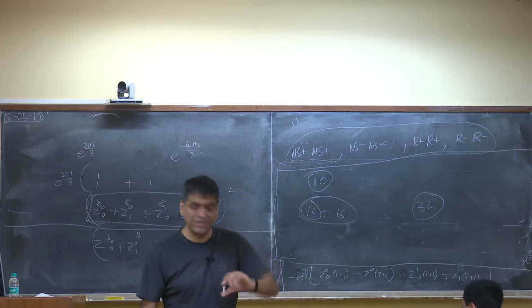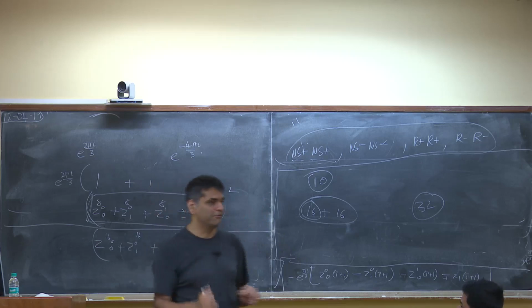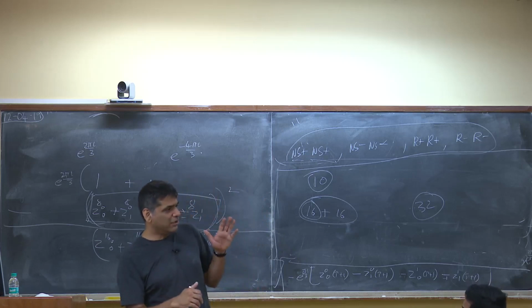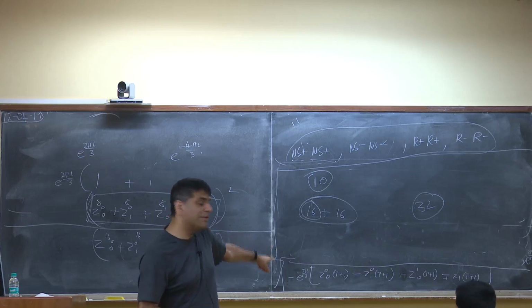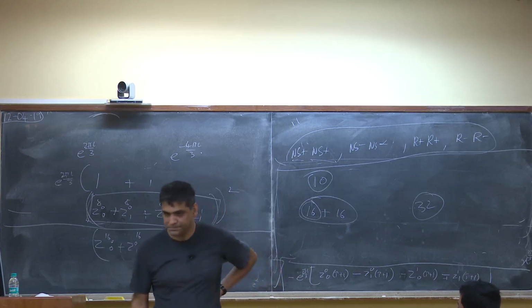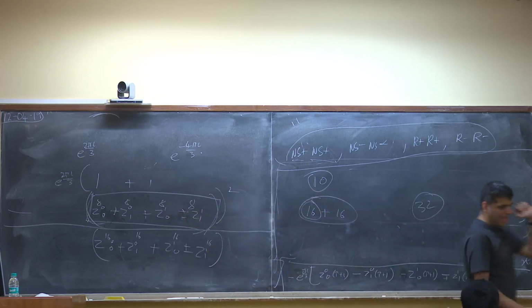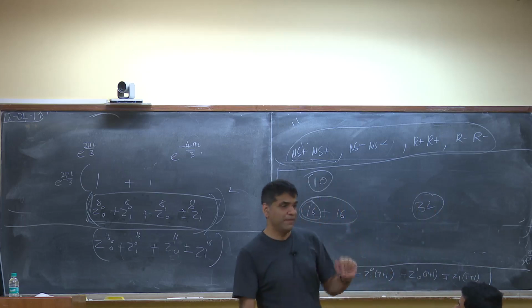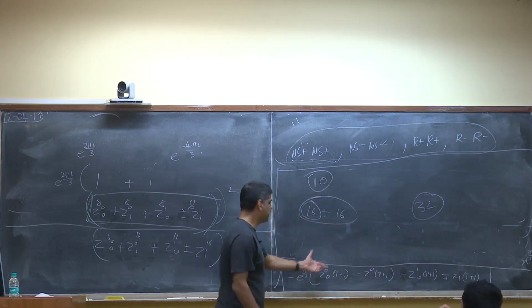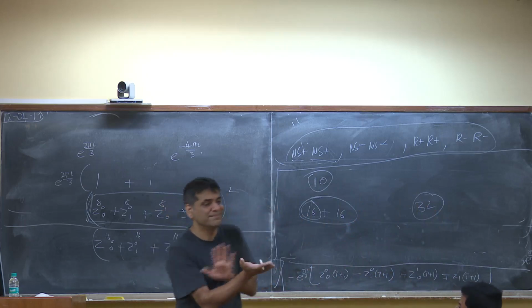There's another point of view that I will also tell you about next class, which is the following. As you probably remember, you can take these fermions and bosonize them. If we took these 32 fermions, we will get a set of 16 chiral bosons.